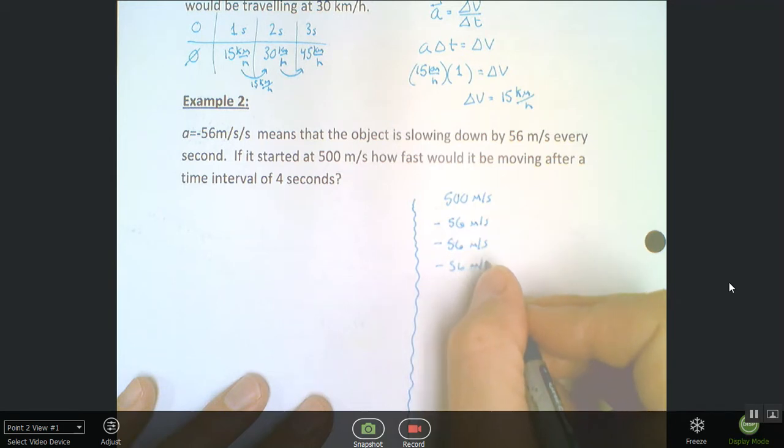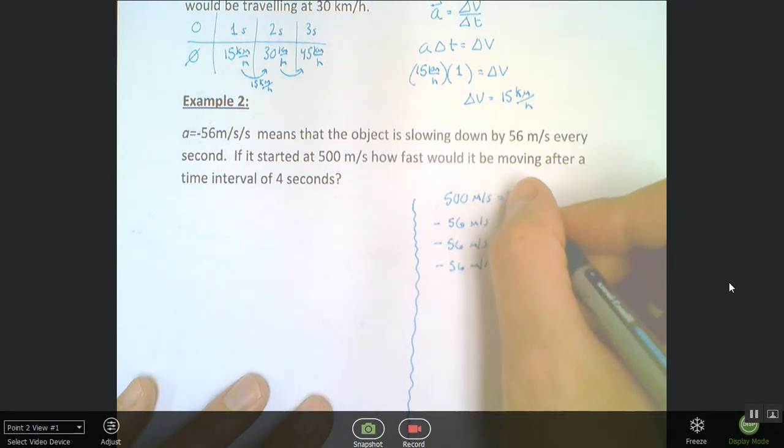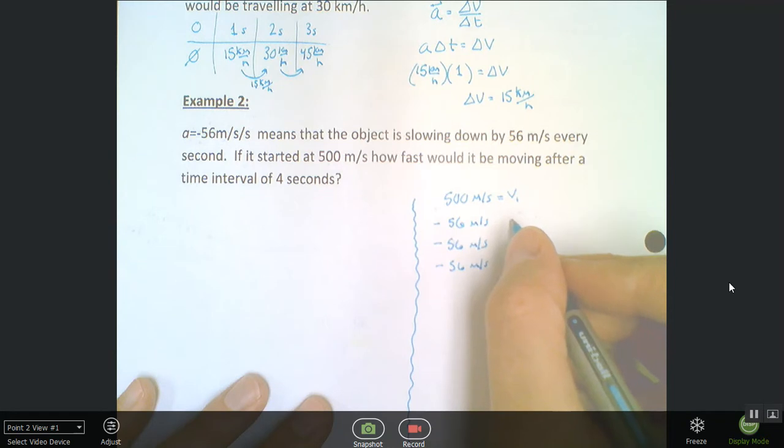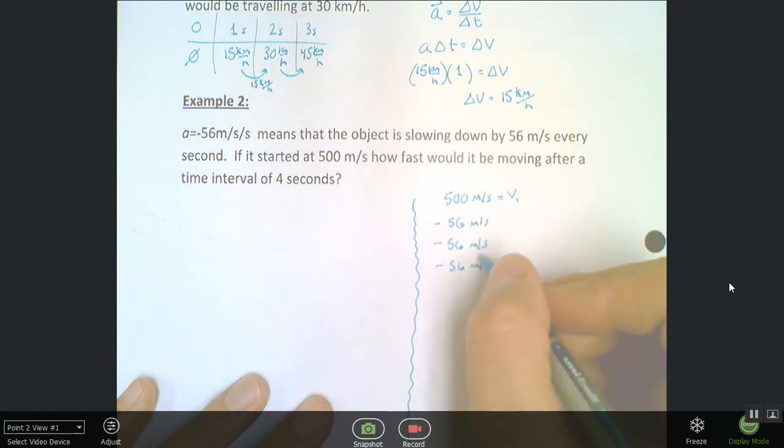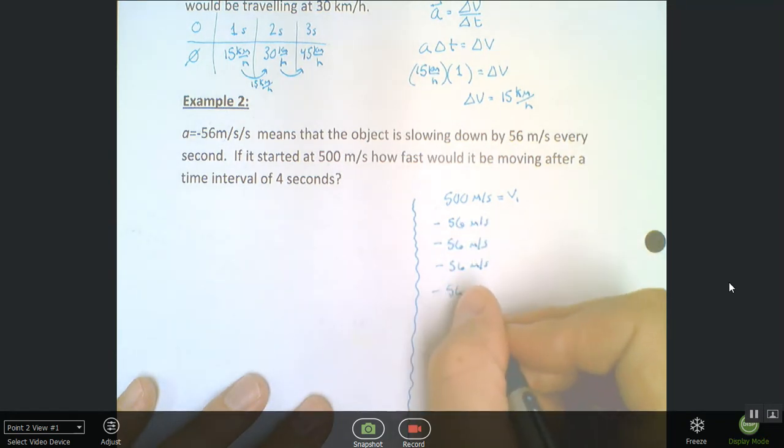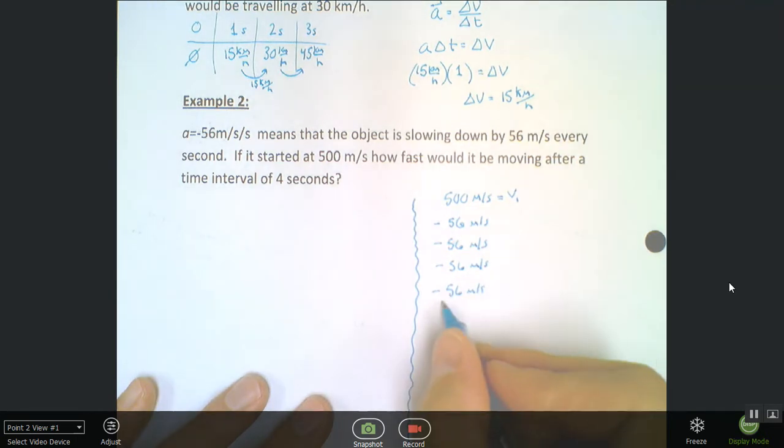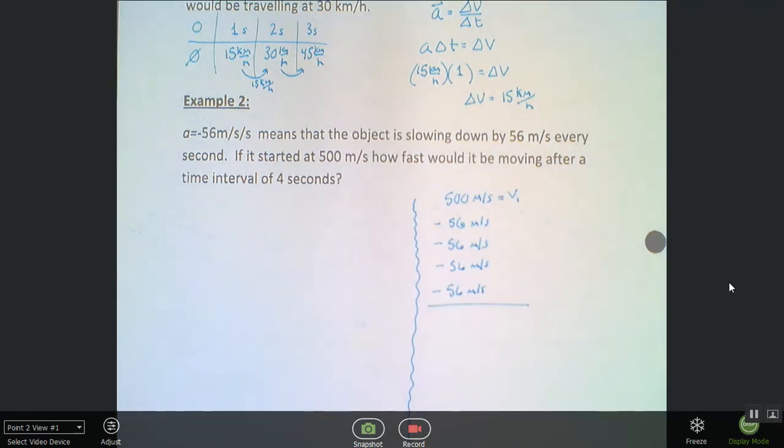And we're going to do that so this is our V1, and we're going to do this for each time interval, so 1, 2, 3, and 4 seconds. Then what we end up with is simply 276 meters per second. So at 4 seconds, we would be down to a speed of 276 meters per second.